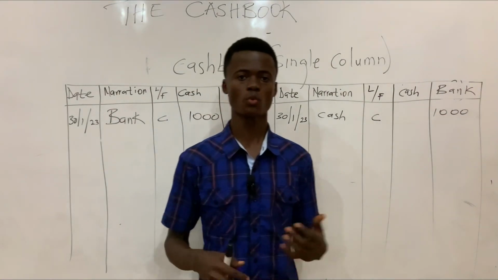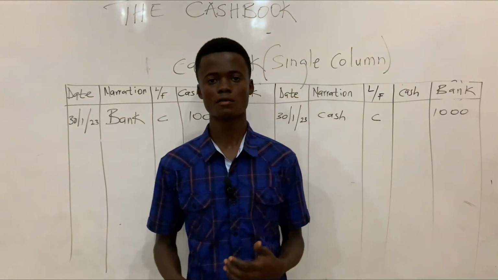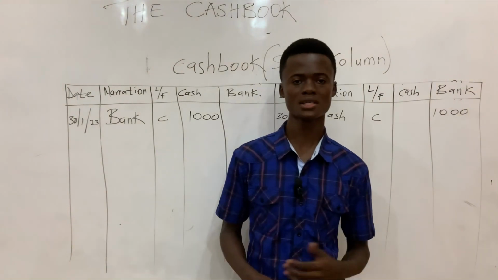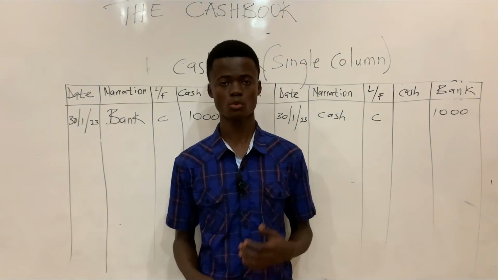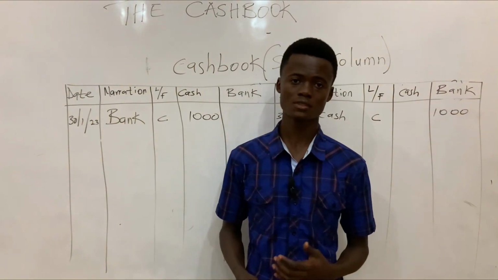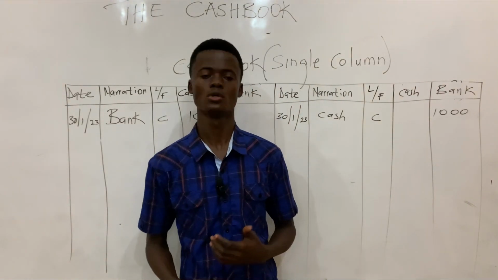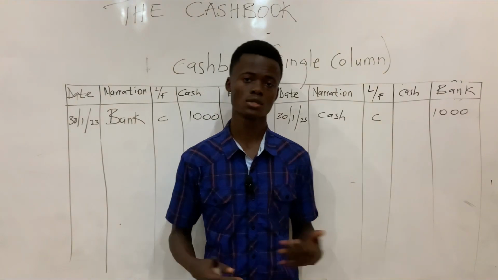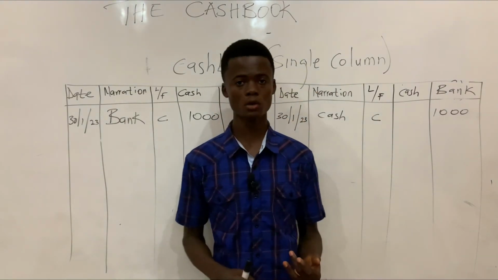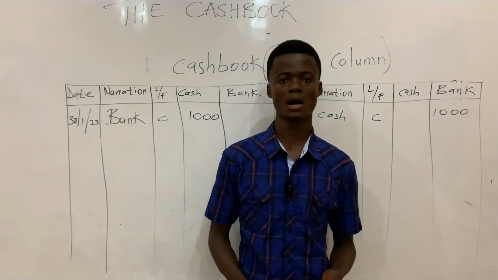And the first one is when a business withdraws cash from its bank account for business use. And the second one is when a business withdraws cash from its cash account and deposits it into its bank account. So in these two transactions, you will realize that it involves both the cash account and then the bank account.